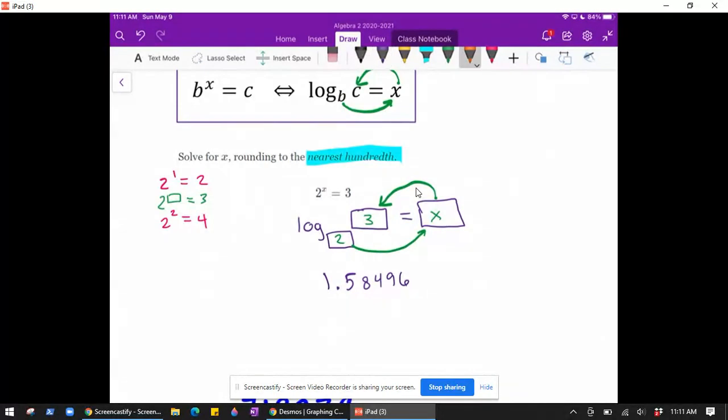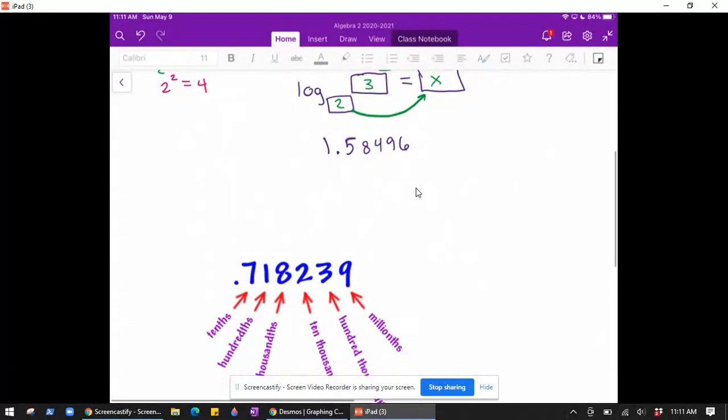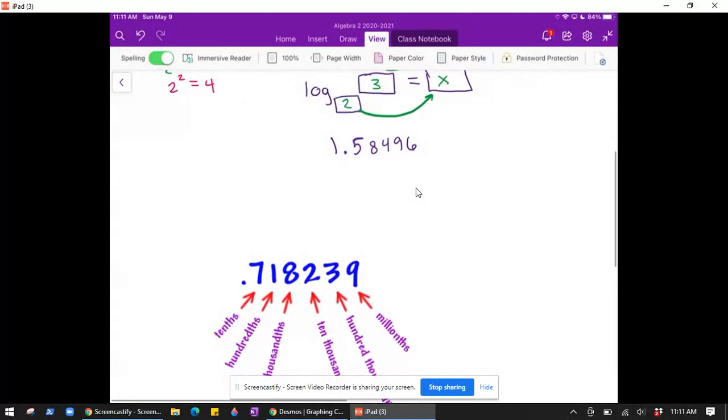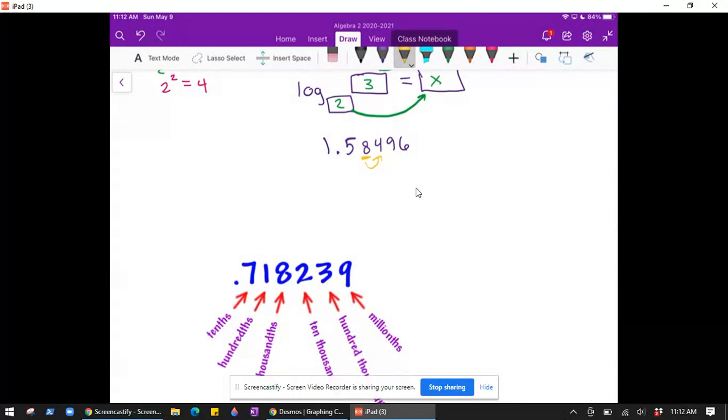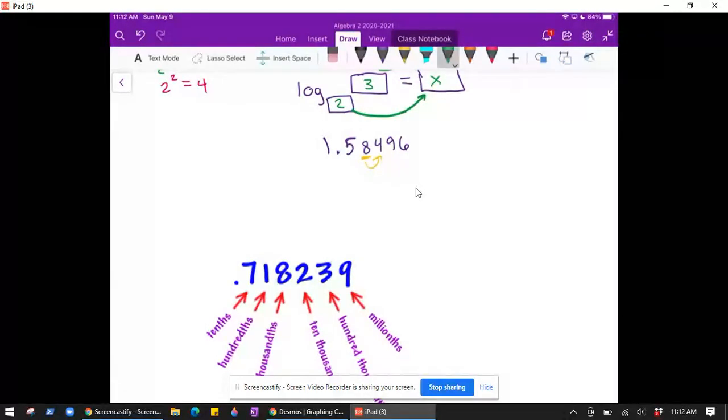We want to round to the hundredths place. A reminder, the hundredths place is the second number after the decimal. So we underline that, tenths, hundredths. This is the hundredths. You look at the number to the right of it. If it's 5 or more, the 8 becomes a 9. Otherwise, it stays an 8. That's a 4.